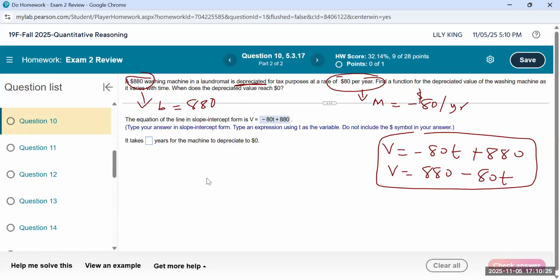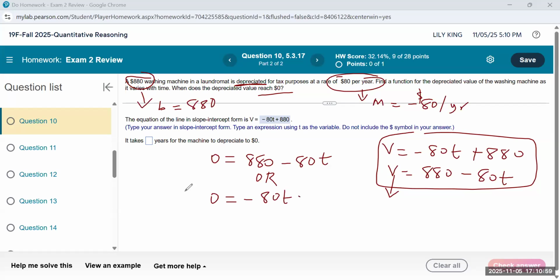Now, using this equation, we can figure out how long it takes the machine to depreciate to $0. So we've been given the $0, which is the v, and we need to find what t. Or you can also do 0 equals negative 80t plus 880. Either way we're going to get the same result.